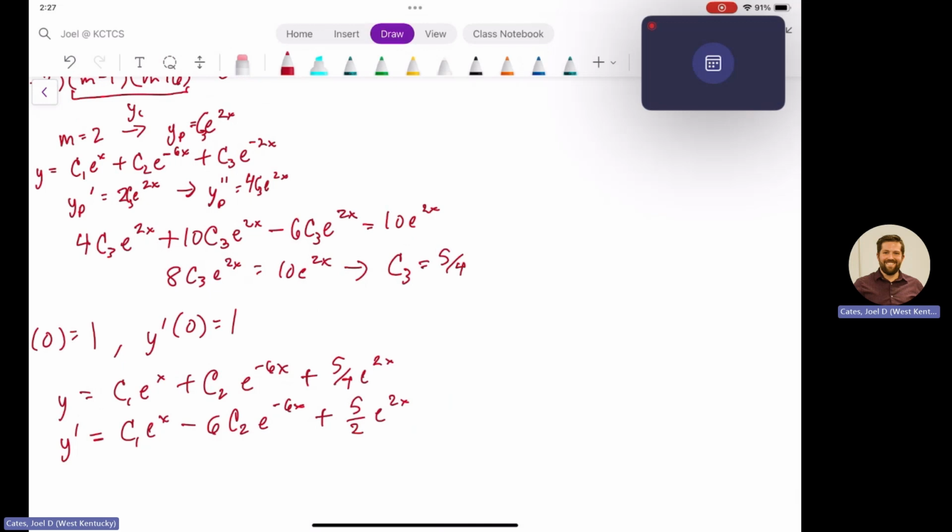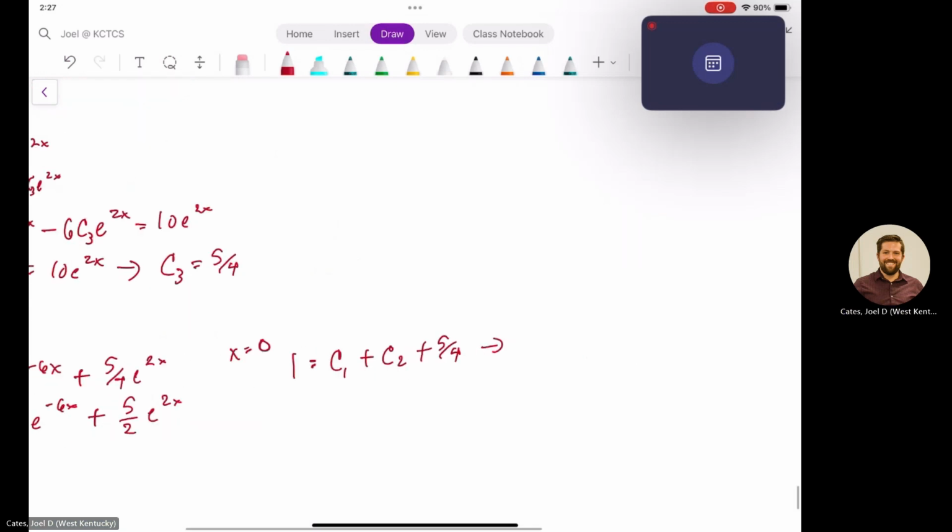If I put in x equals 0, I get that y is equal to, actually, it's not just y. Y was equal to 1, so it's 1 is equal to c sub 1 plus c sub 2 plus 5/4. And that means that c sub 1 plus c sub 2 is a negative 1/4.